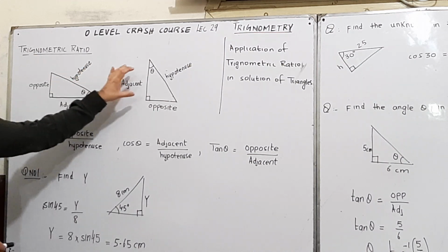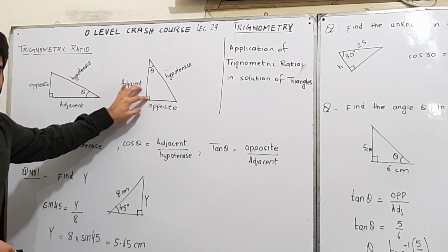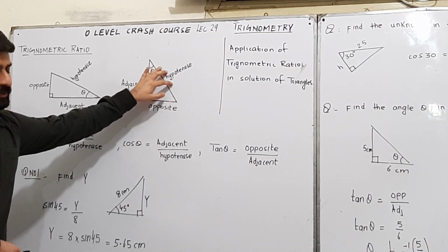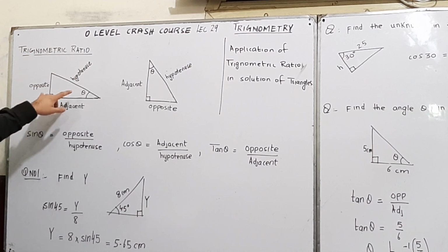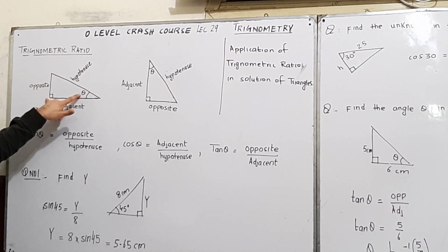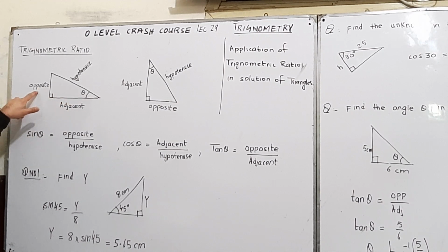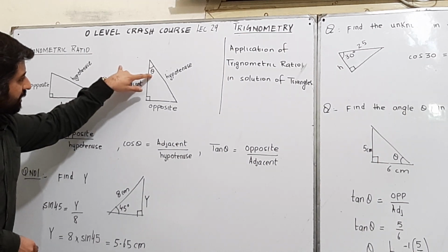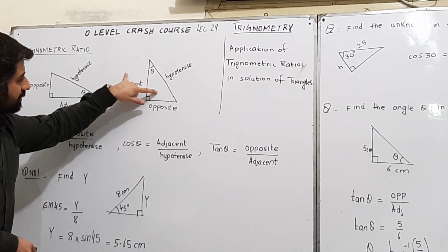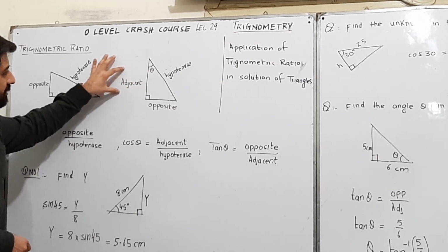Now, this is another right angle triangle and the side opposite to 90 degrees is the hypotenuse. But the side opposite to this angle theta is called opposite, and this third side is called adjacent.